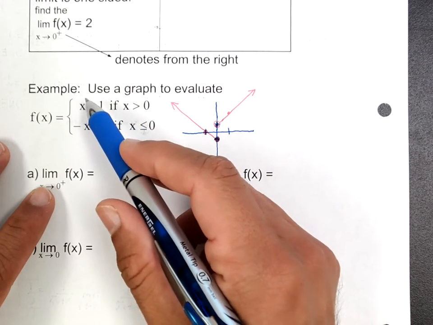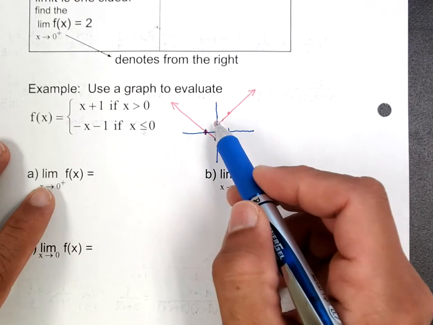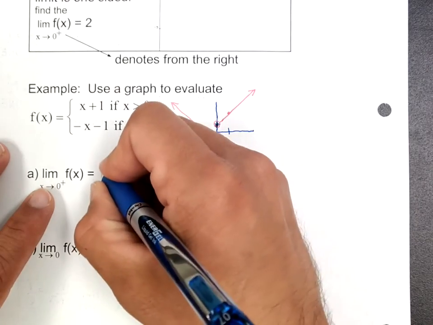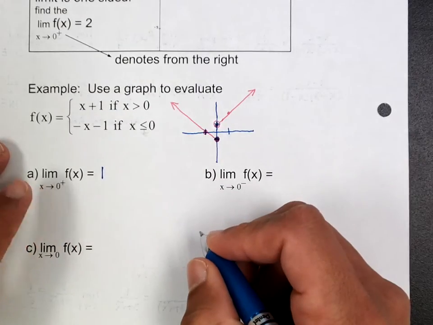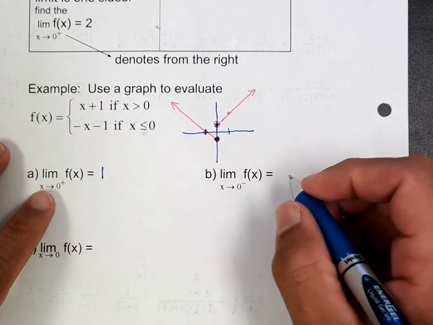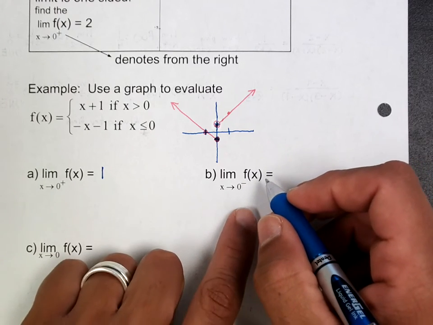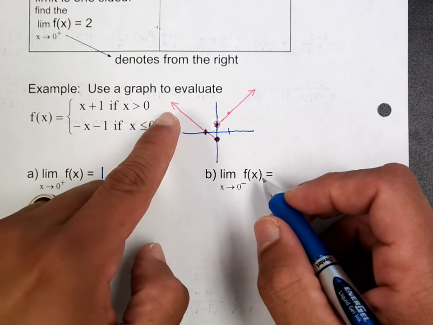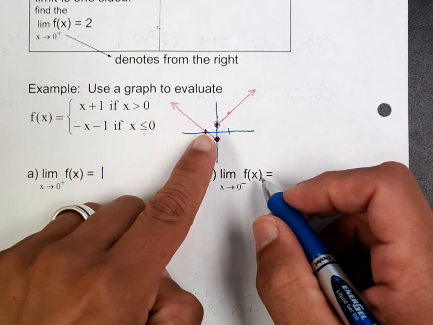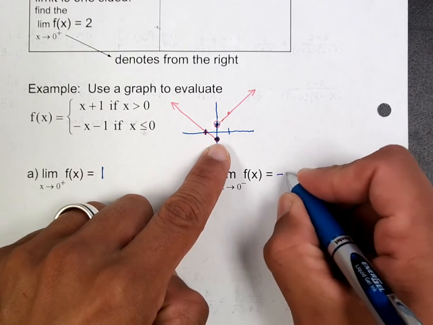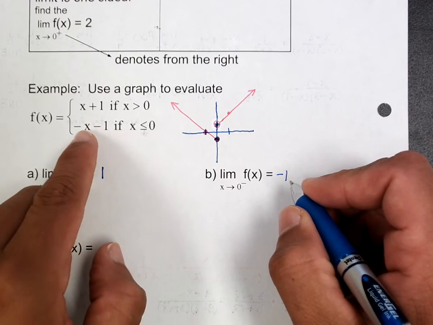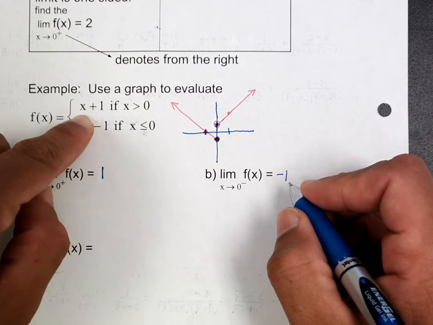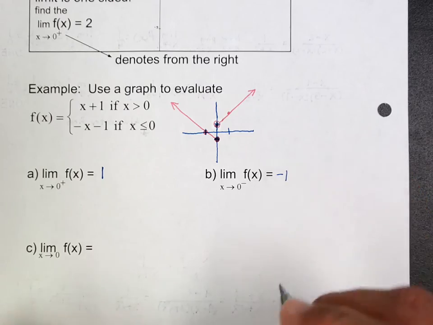So if I plug in a 0 here, I get 1, but you can kind of see that already here. Okay, so that's the limit as x approaches 0 from the right side. Now, the limit as x approaches 0 from the left side, coming from this side, is approaching -1. But if you don't have that, again, you can just plug that 0 back into that x, and you would have -1, which is what we have here.